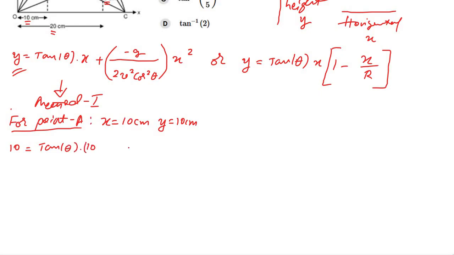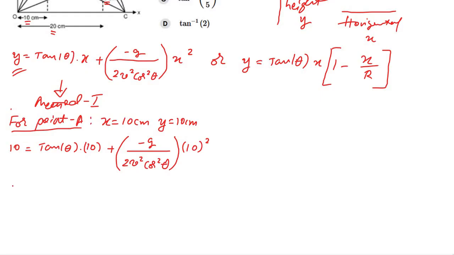This x is also in centimeters, so we don't write centimeter every time in this equation. And in the bracket, I should write minus g divided by 2 times v square cos square theta, and outside, it is x square, which is 10 square, right? So it is 10 square.